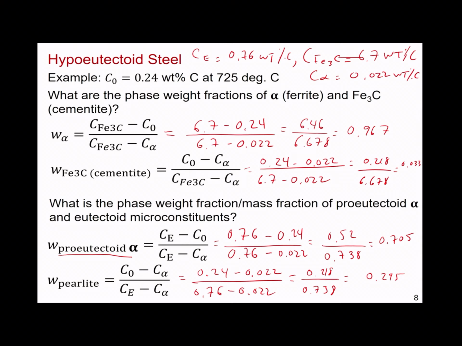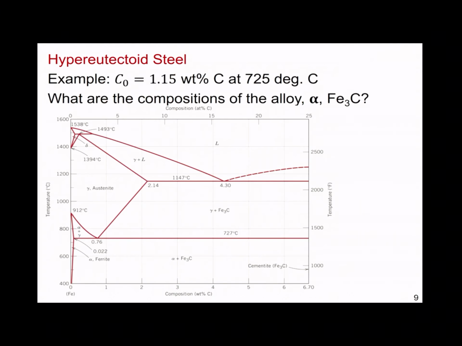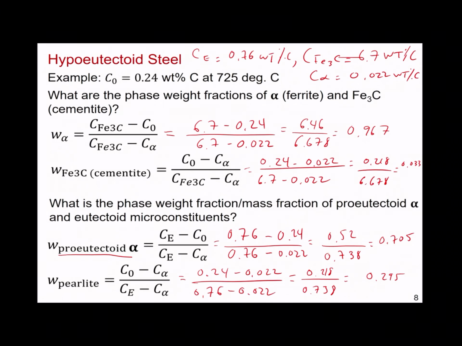Okay, so then you can do a check. I did not leave space for a check, but you can do a check similarly to how we did the check for eutectic phase fractions, okay? So we know that there are 3 microconstituents, right? And so we can say, okay, how much alpha do I have overall?